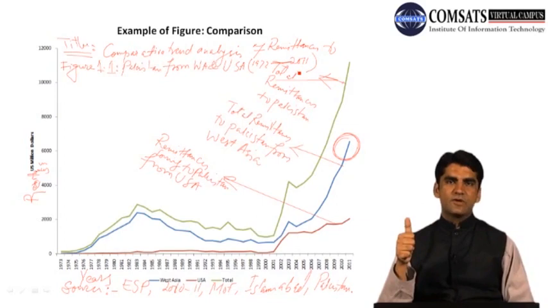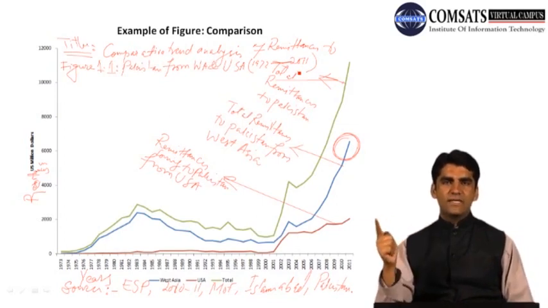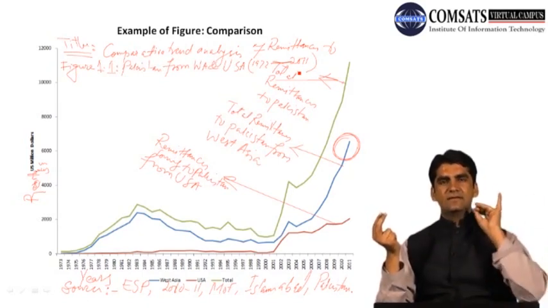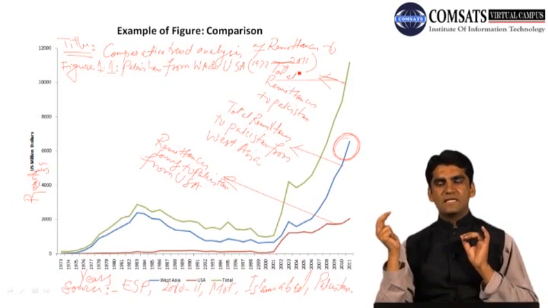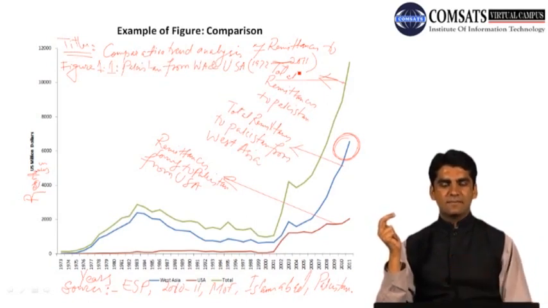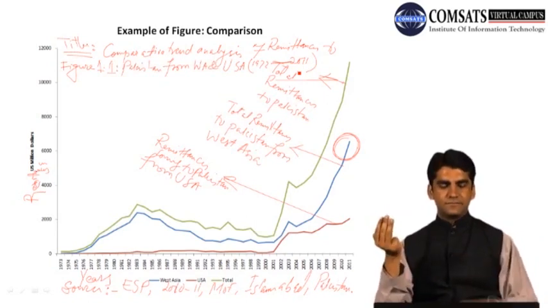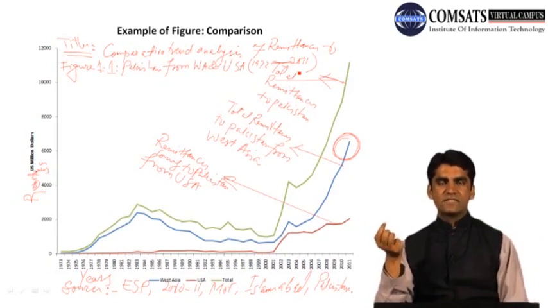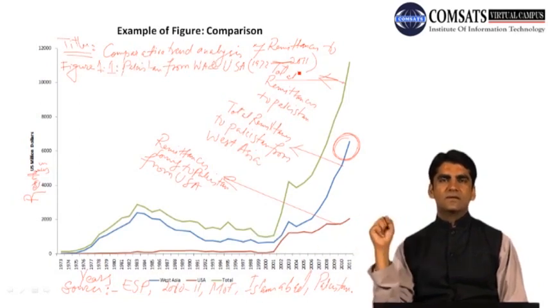Unit of measurement is proper, title with number is there, you have clearly identified your various lines, what the green line means, what the blue line means, what the red line means, and you have given the unit of measurement on the x-axis also, which is years or the time variable, showing annual descriptive analysis of remittances.